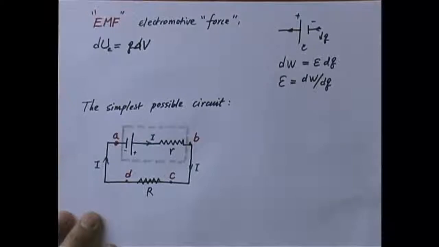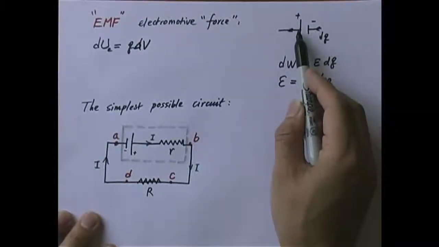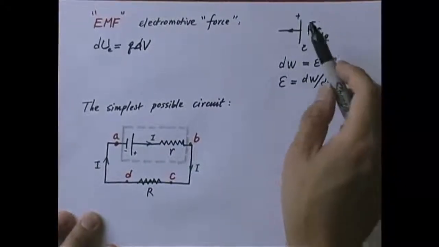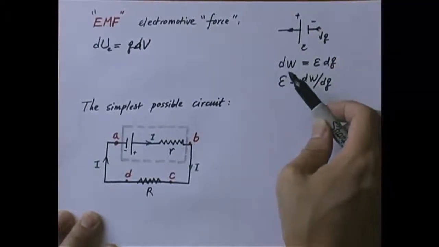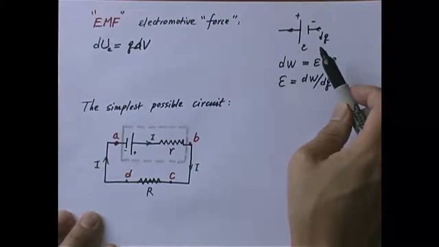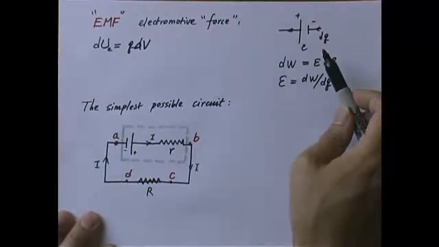I'm assuming that this is an ideal battery with no internal resistance. In other words, all the work done by this battery as it lifts a certain amount of charge from here to there is used exclusively to increase the potential energy of the charge. Nothing is wasted to overcome heat, for example, in other words, to overcome an internal resistance.